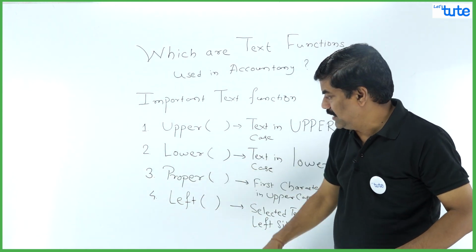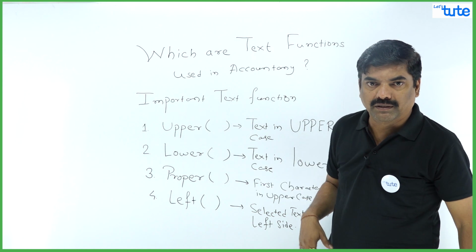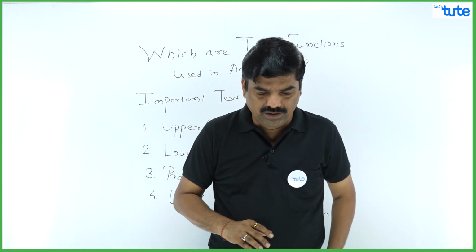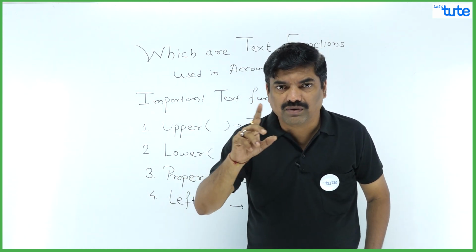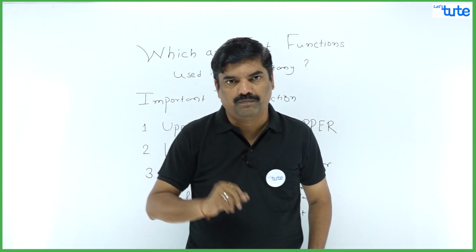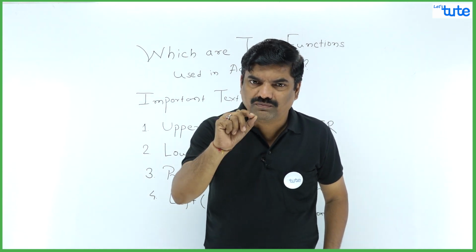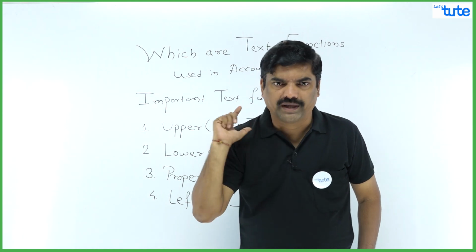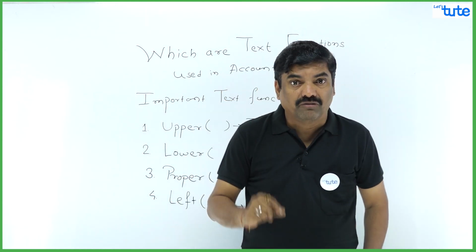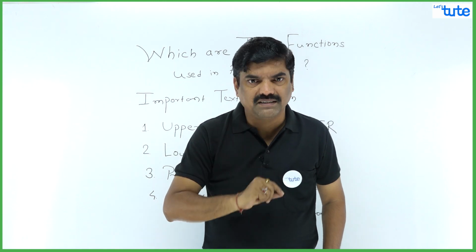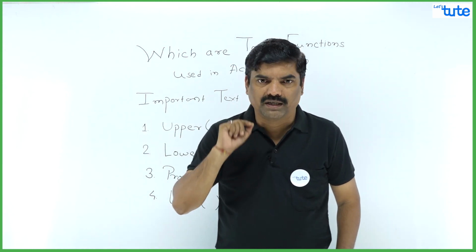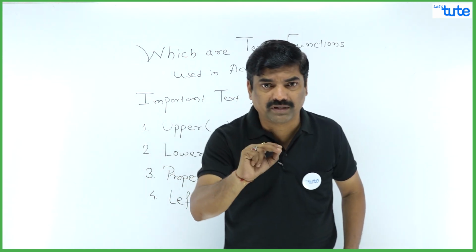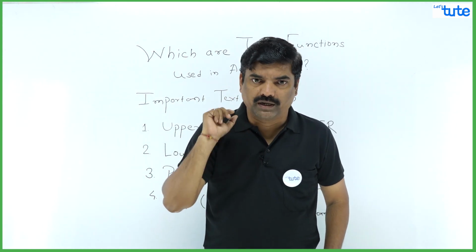Now third, that is the most important for the HR department. Generally employee data is kept in 3 parts, that is first name, middle name, surname. In the first name, the first character should always be capital and the rest in lowercase. In the middle name, the first character is in uppercase and the remaining lowercase. In the surname also, the first character is in uppercase and the rest of the characters should be in lowercase.